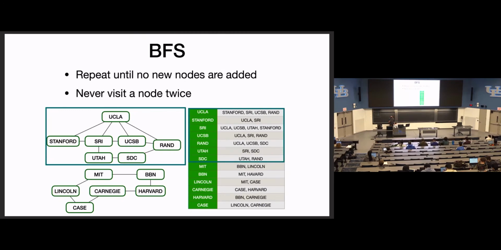And we have to have a little logic in here to make sure that we never visit a node twice. We want to visit every node at most once, or else we're going to go infinite. If we keep revisiting nodes, it's potential to blow things up.